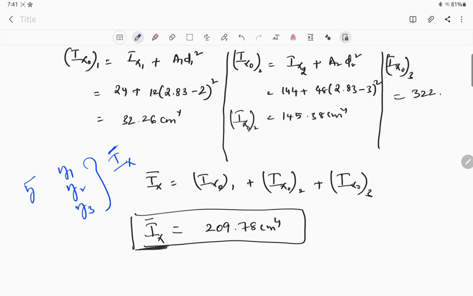Understood? Now we will calculate moment of inertia about centroidal y-axis.